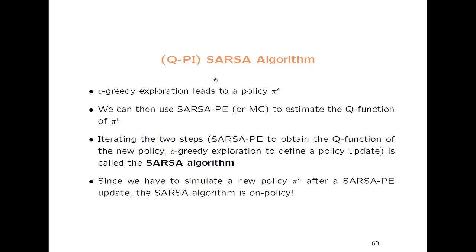And by switching back and forth between doing the SARSA policy evaluation to get the Q function of the new policy, and then applying epsilon greedy to define a new policy, each time we change the Q function, the epsilon greedy policy changes, and vice versa. So we have to iterate back and forth. And this is called the SARSA algorithm.